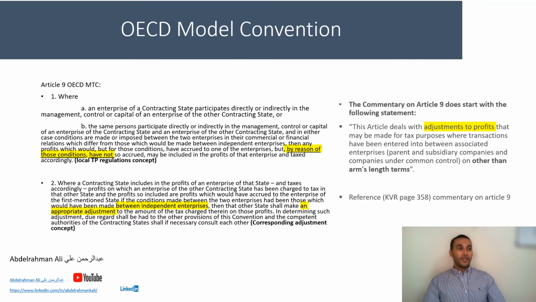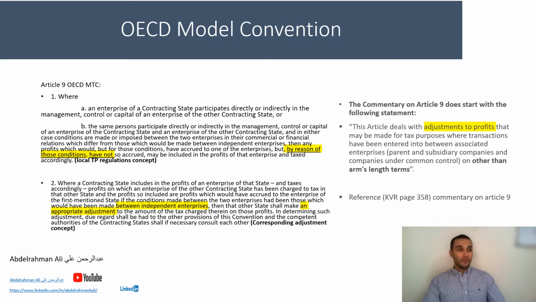And in either case, conditions are made or imposed between the two enterprises in their commercial or financial relations which differ from those which would be made between independent enterprises. Then any profits which are not accurately reflected may be included in the profits of the enterprise and taxed accordingly.